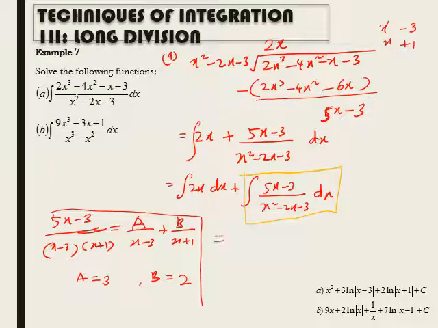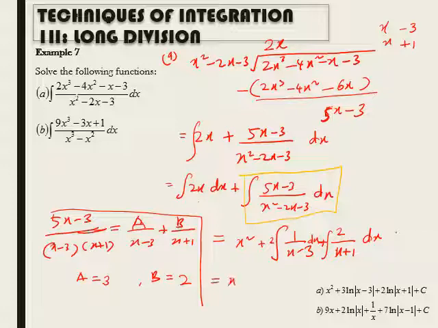So we continue here, this one. 2x will get x squared plus integration of 3 over (x minus 3) plus 2 over (x plus 1) dx.